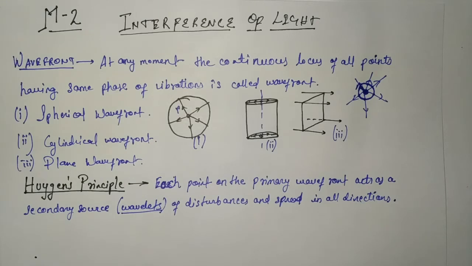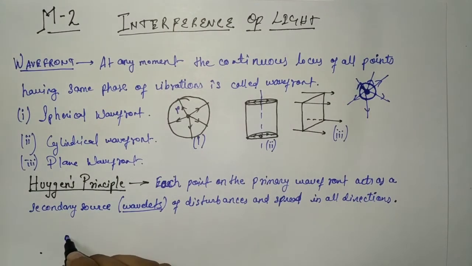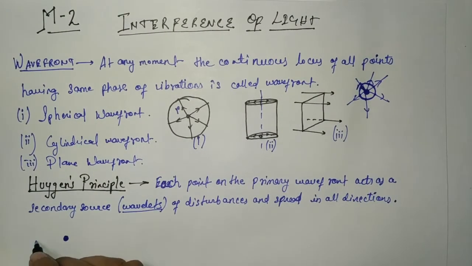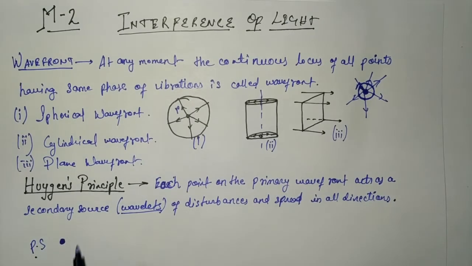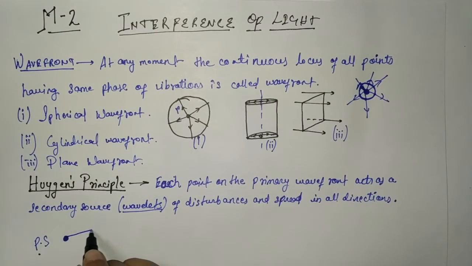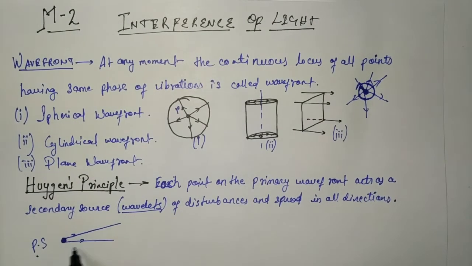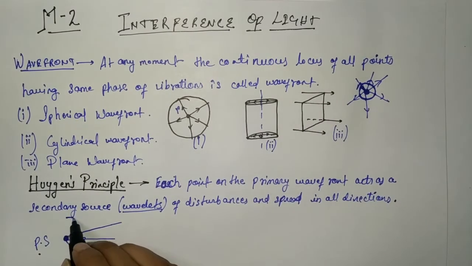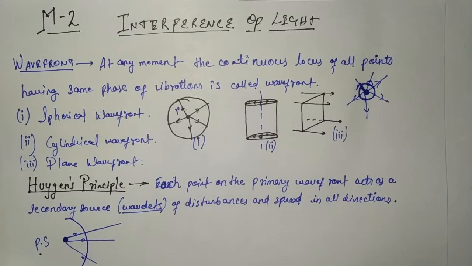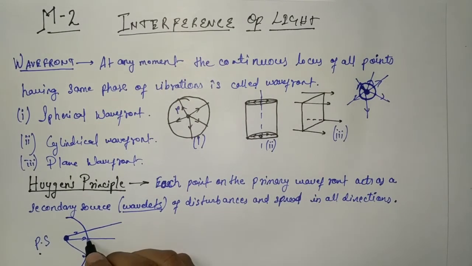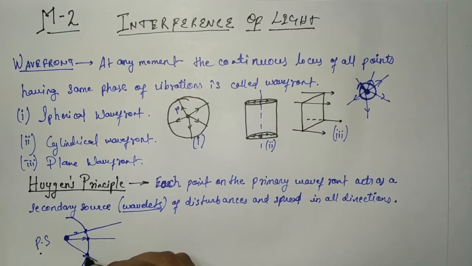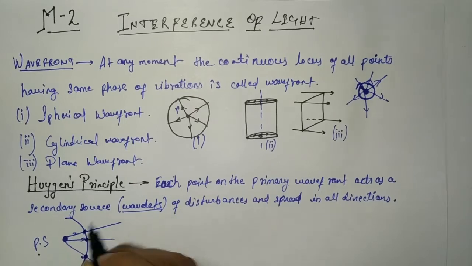Let me show it by a small schematic diagram. If this is the source of light, the primary source, I am writing as PS, it spreads light, or you can say disturbances, in these directions. And if this is the primary wavefront, these particles vibrate with the same phase of vibrations that I have already written here.